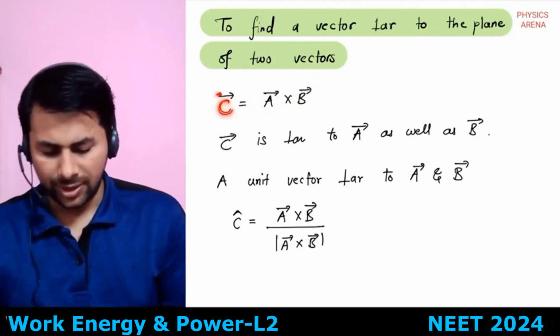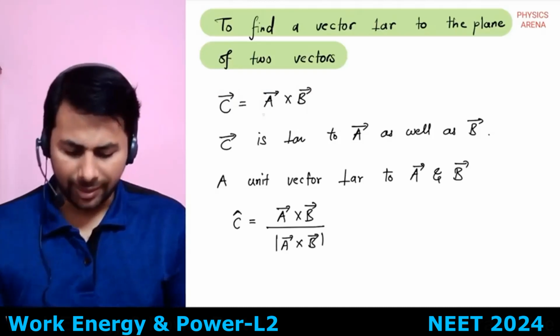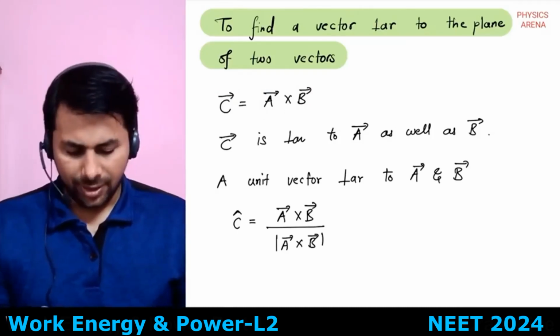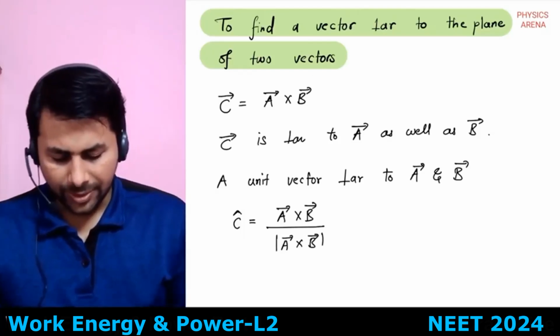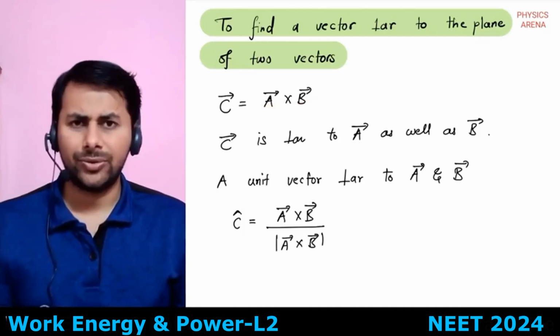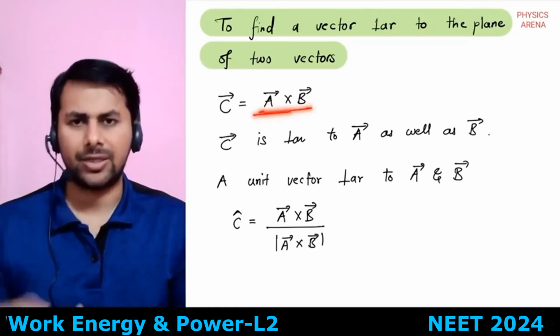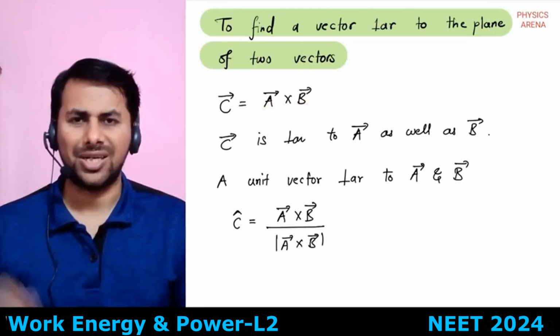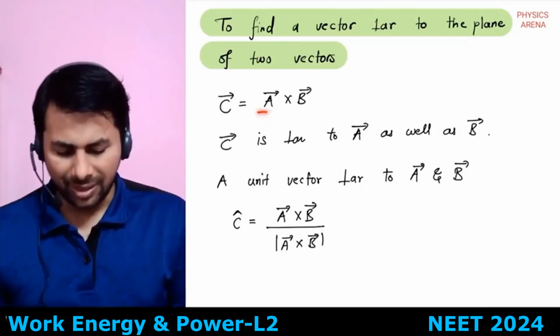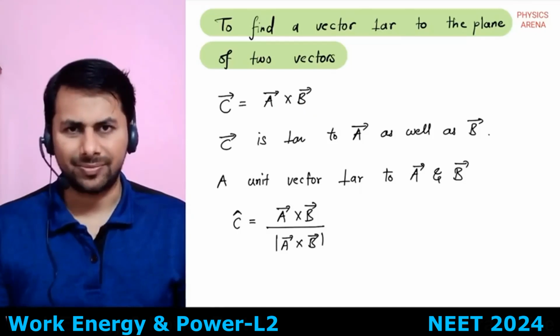So c bar is perpendicular to a bar as well as b bar. If you want to find a vector perpendicular to a bar as well as b bar, you will just take their vector product, and you are sure that the resultant is perpendicular to both.